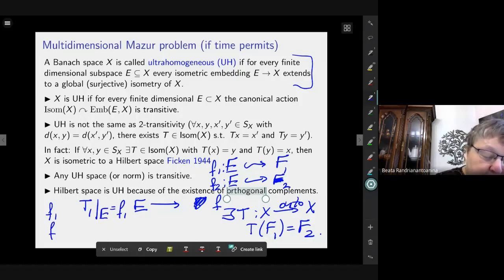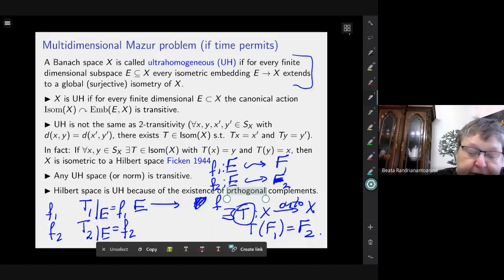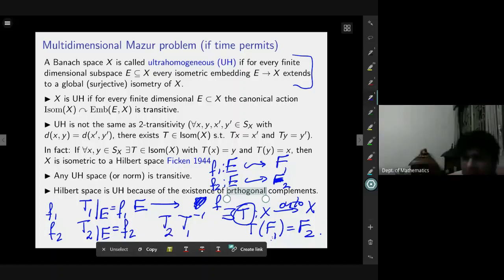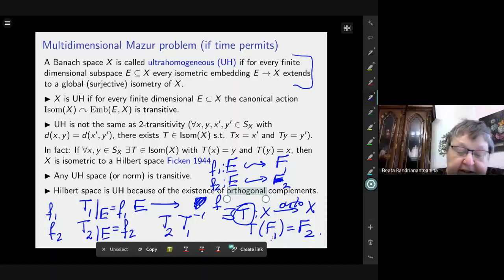And then F2 similarly got extended to T2, which when you restrict it is F2. So what will this isometry T be? This isometry T will be T1 inverse restricted to this image, and then we apply T2. So yes, it does look like a conjugation.